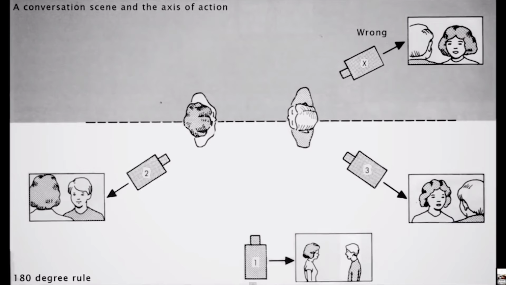Camera D is in red, and what I mean is the over the shoulder. This is where the camera has crossed the line and the whole thing is scrapped. You have to start again if you want to use the 180-degree rule. If the line is crossed, the 180-degree rule is broken and no longer in use.